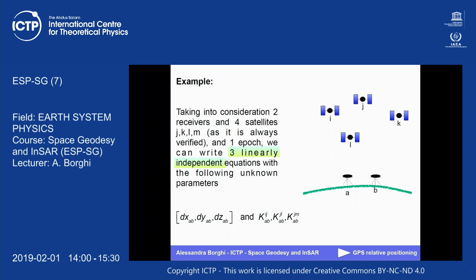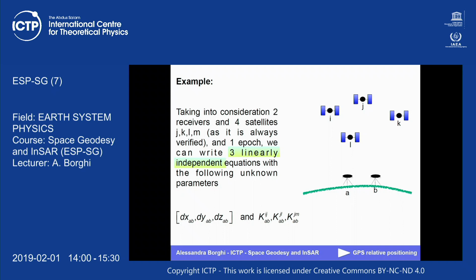If we have 2 receivers, what happens? We have a simple case, and we see, for instance, 4 satellites, because we know that we can see at least 4 satellites, since the system has been set up to respect this condition that is necessary for real-time positioning. At the moment we suppose that the 2 receivers are quite close, so we don't introduce atmosphere parameters, just to simplify the problem.